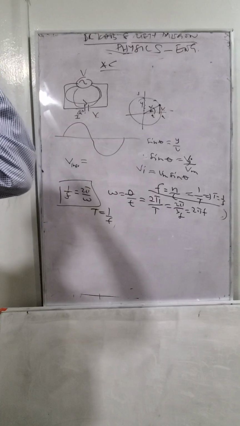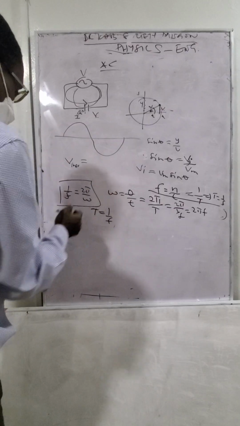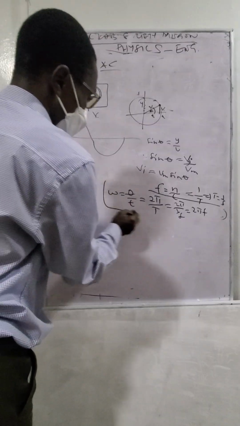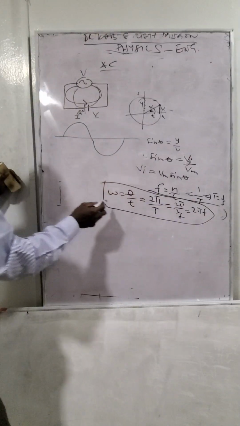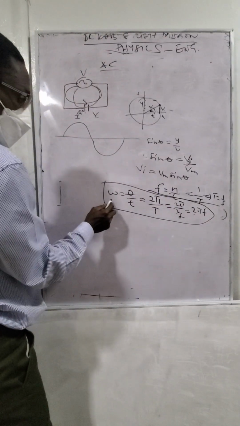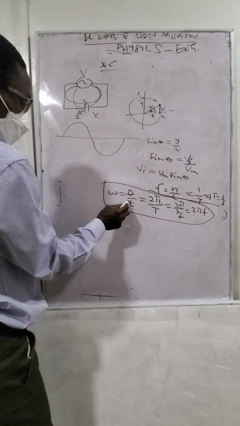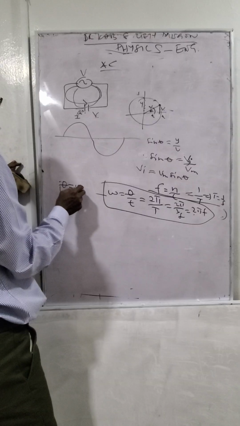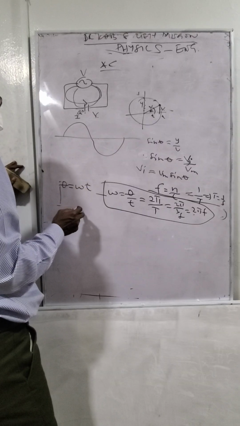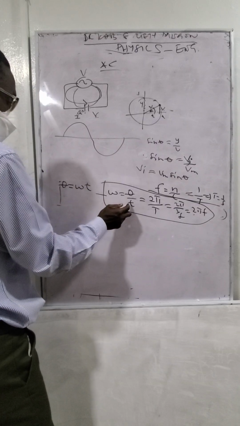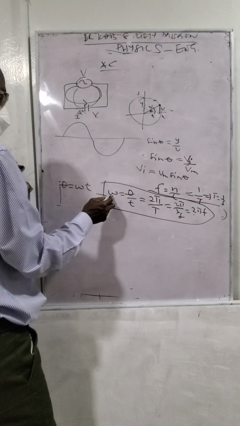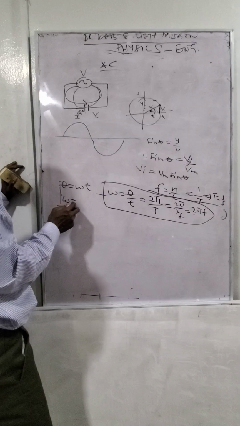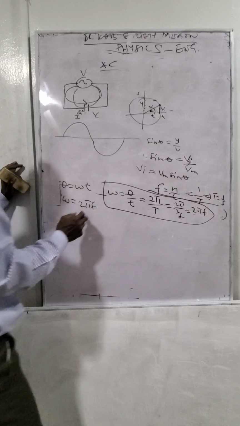Now, from this point, what do you think? So it means from here, theta can be said to be equal to omega t. Theta can be said to be equal to omega t. Right? And then we have said omega is also equal to what? 2 pi f from here.